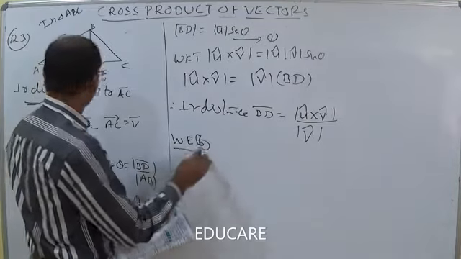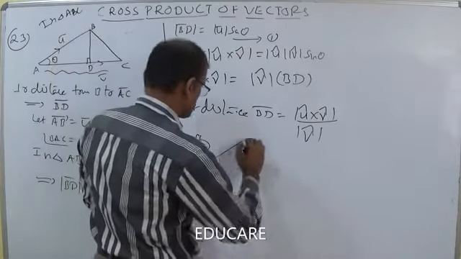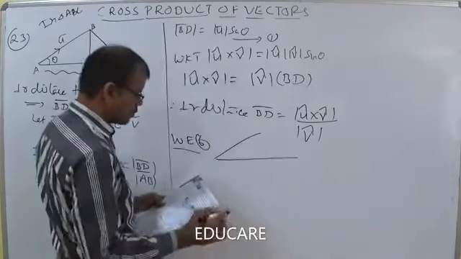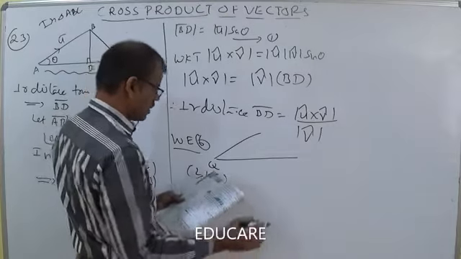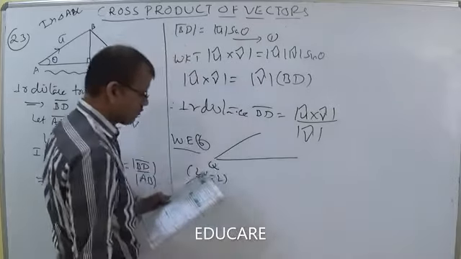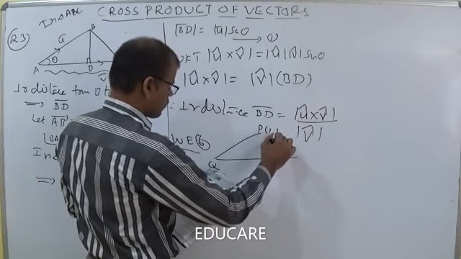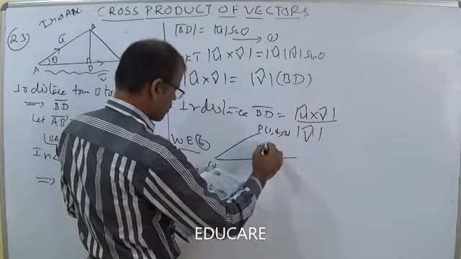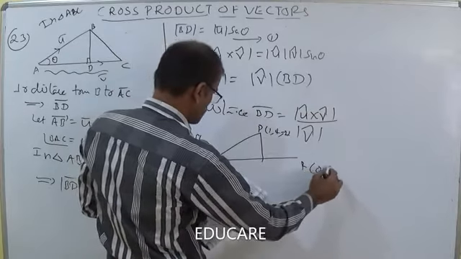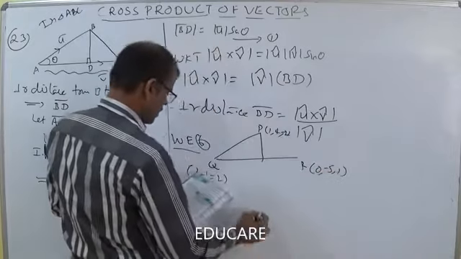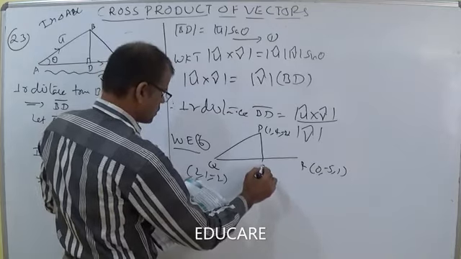Using the proof, if Q is 2, 1, minus 2, and R is 0, minus 5, 1, find the perpendicular distance from P, which is 1, 4, minus 2, to the line QR. R value is given as 0 comma minus 5 comma 1. You should calculate the perpendicular distance, let it be d.